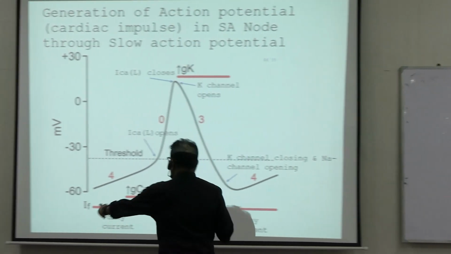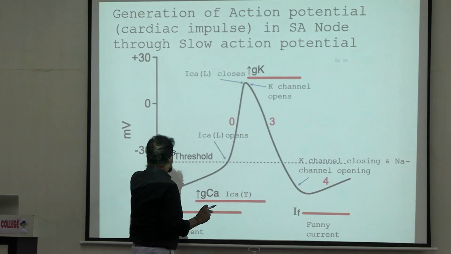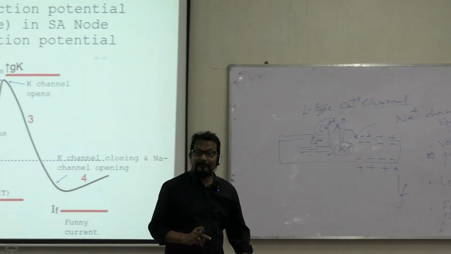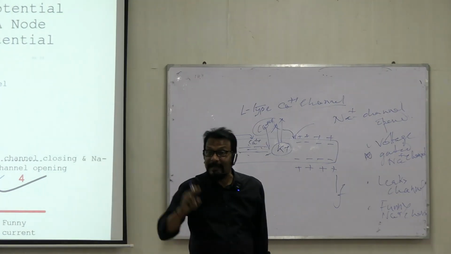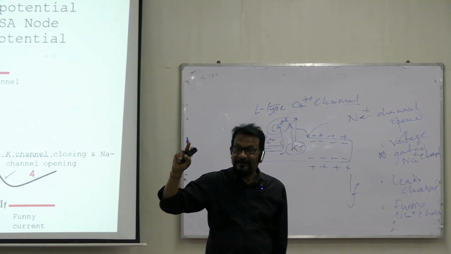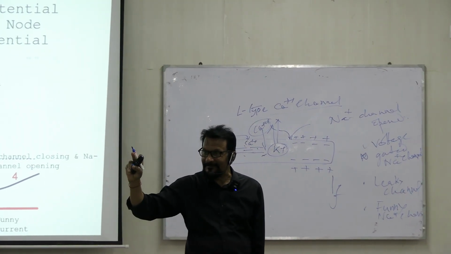When this potential difference came to the threshold level, what happened? Another type of calcium channel opened, the L type, the long-lasting type of calcium channel.